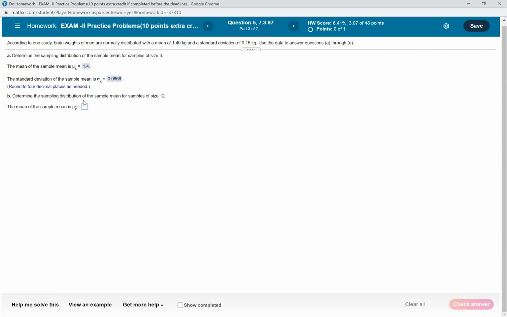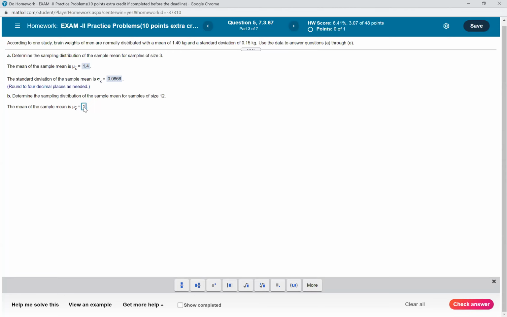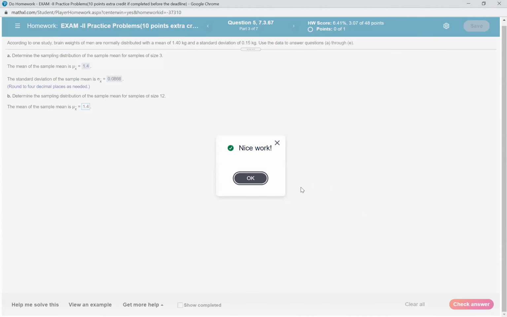So determine the sampling distribution of the sample mean of sample size 12. So now we need to determine the sampling distribution for sample size 12. The mean will be the same, 1.4. The only difference is the standard deviation.